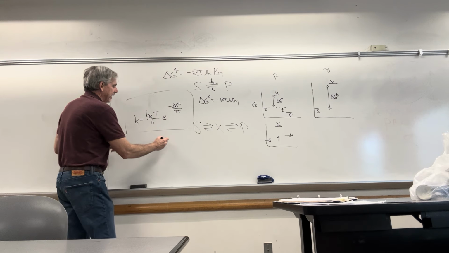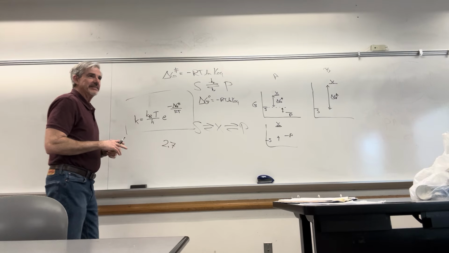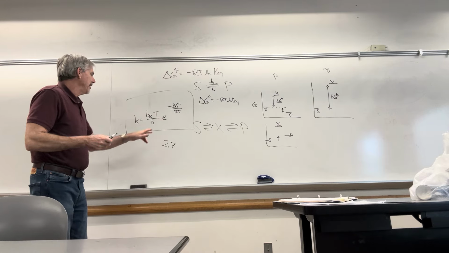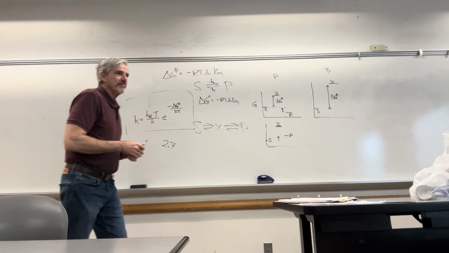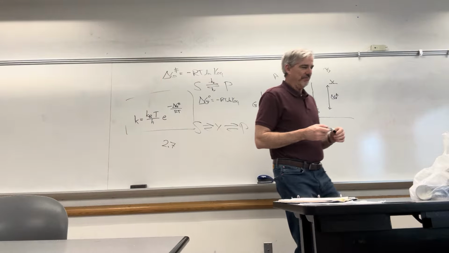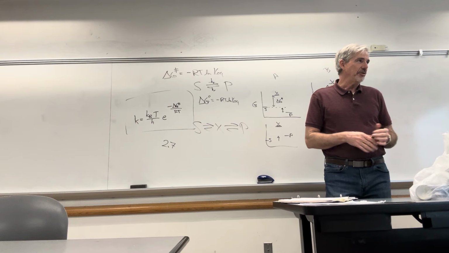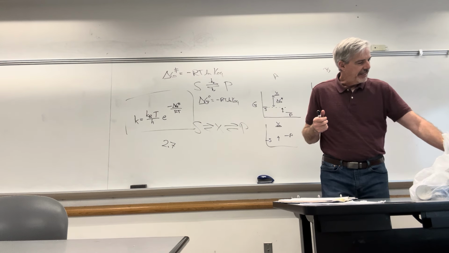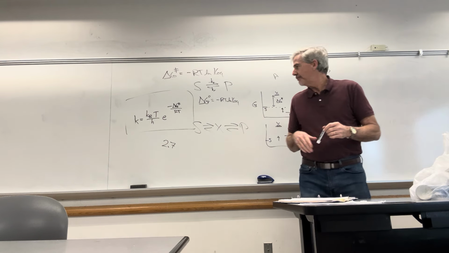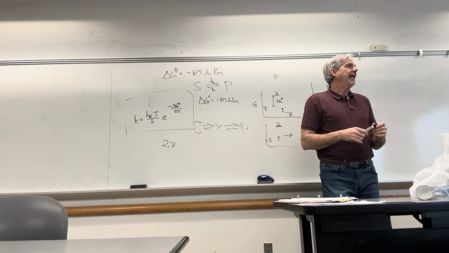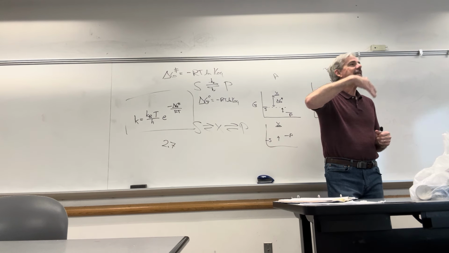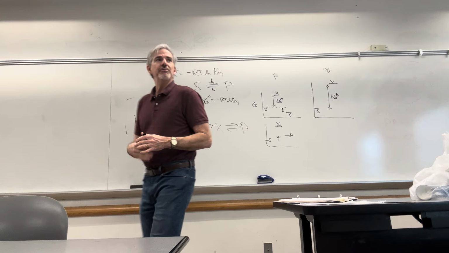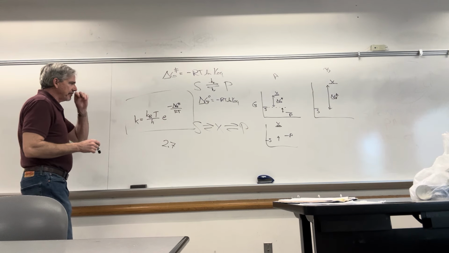If you don't, it's 2.7. It's Euler's constant. I don't know if that term rings a bell. So e is the base of natural logs, also called Euler's constant. I think that's how you pronounce his name. And it has a value of 2.7. It's like pi. It's a number that keeps on going, but you can round it to 2.7.